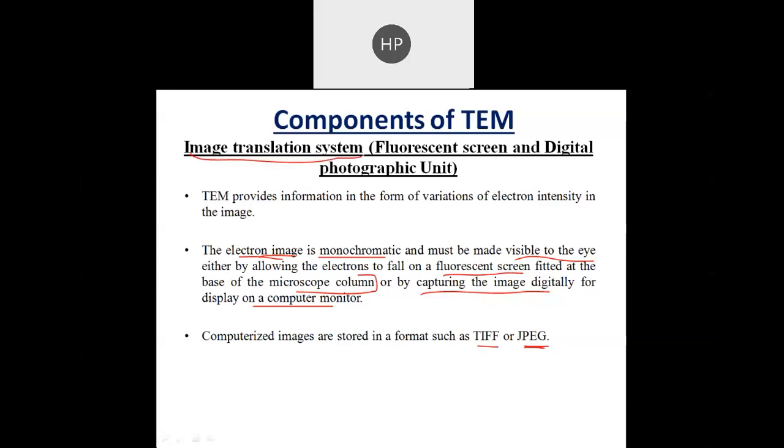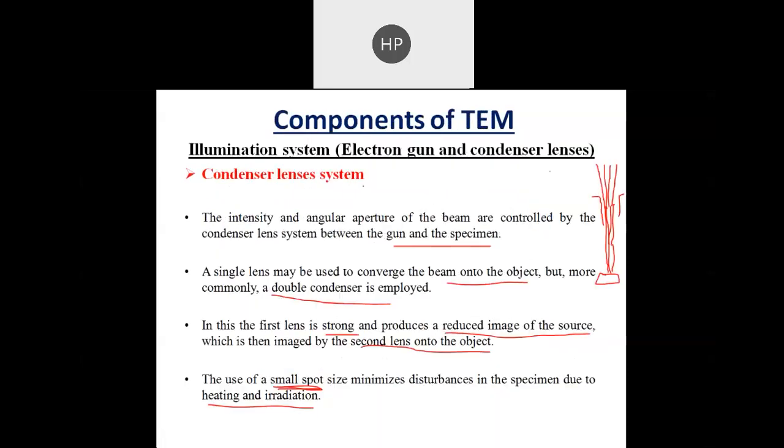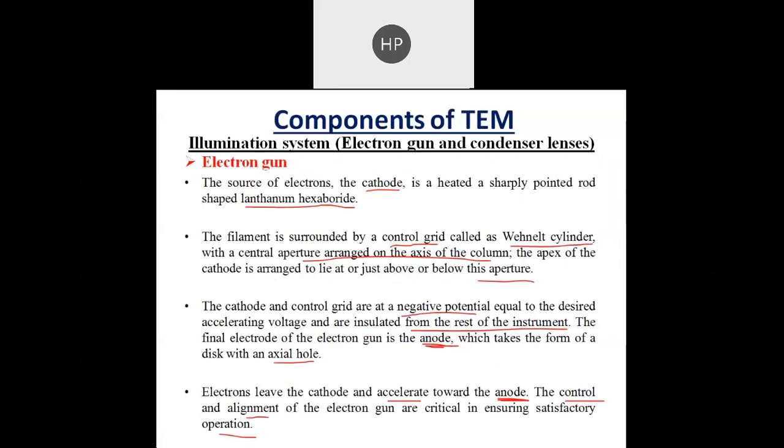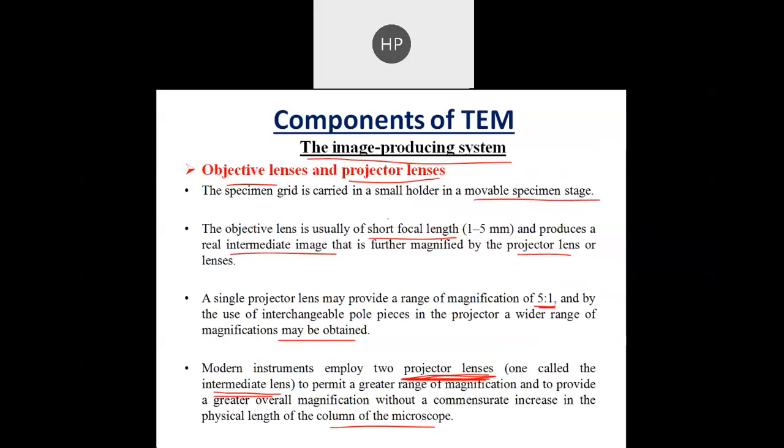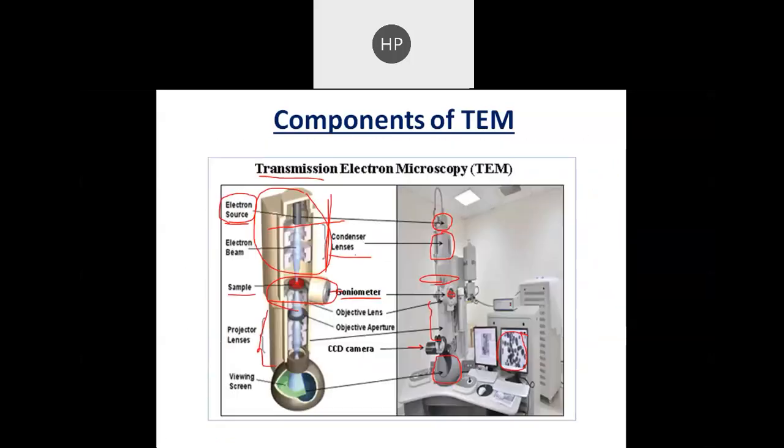Okay, so these are the three components and their details for the transmission electron microscope. First is the illumination system. This one is the illuminating system.